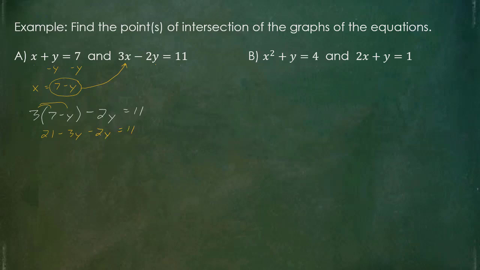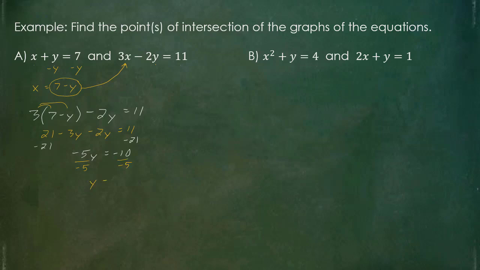Looks like there are some like terms, so I can start moving things around. Subtract 21, so I can combine with the 11. And the negative 3y and negative 2y turn into negative 5y, which now equals negative 10. One step away to get y by itself: just divide by the negative 5.